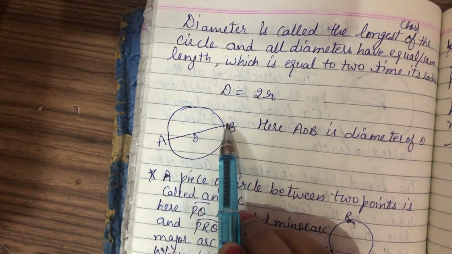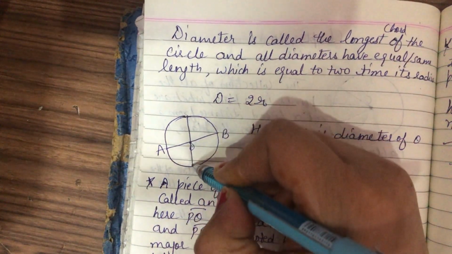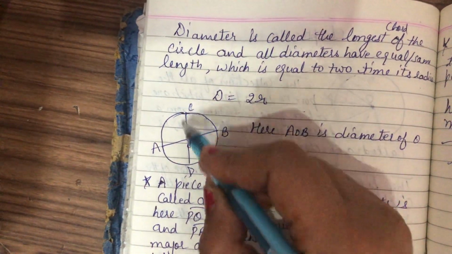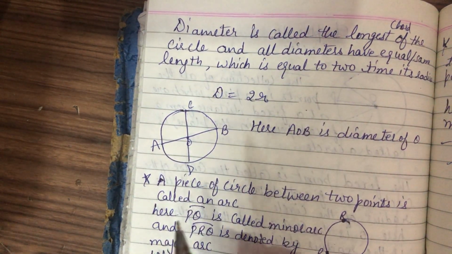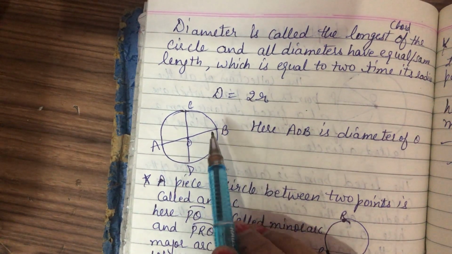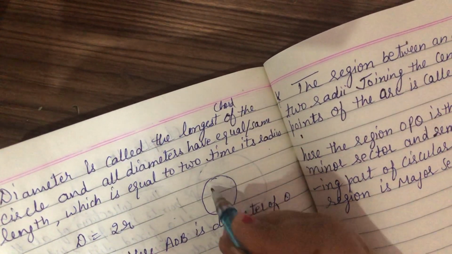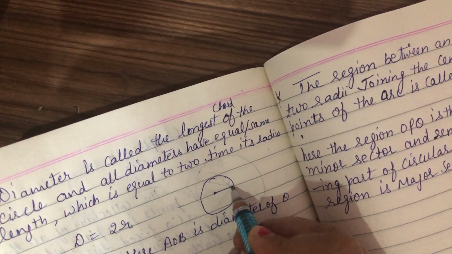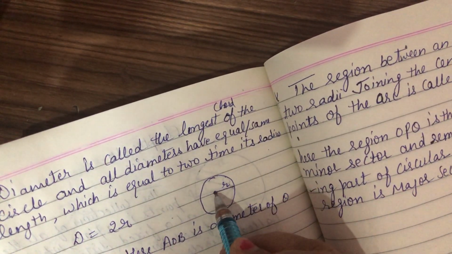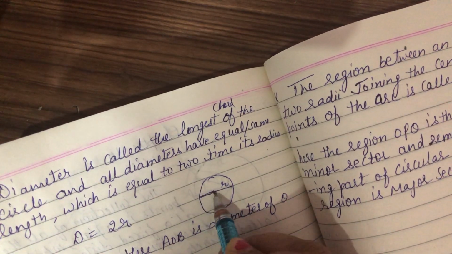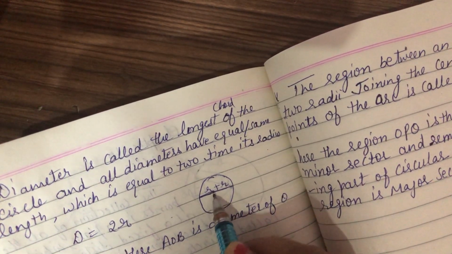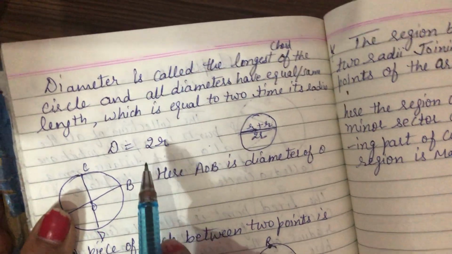If I take AOB, and if I take COD, all diameters will have the same length, which is equal to 2 times the radius. So if this is a circle, this is the center of the circle, this is the radius, and if I make one more radius here, R plus R makes 2R, which is equal to the diameter of the circle.